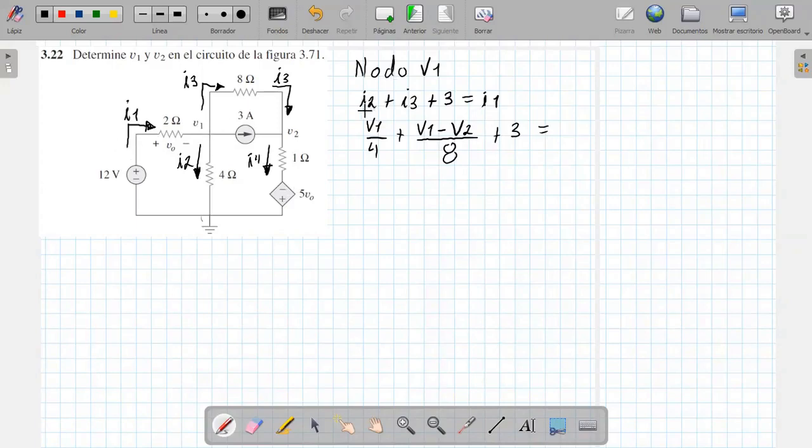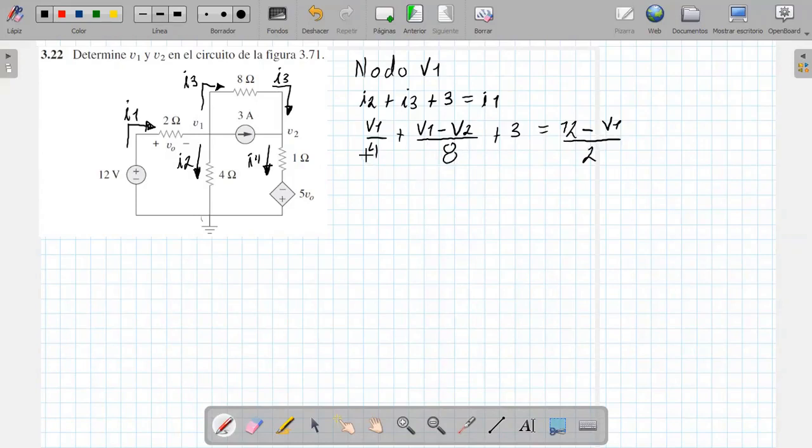We are doing the analysis in V1, where the ones that come out are these, and the one that comes in is the I1. I was looking at I4. The I1 is this. Since it has this direction, it means that the 12 is greater than V1, yes? So it would be 12 minus V1 over 2 ohms.